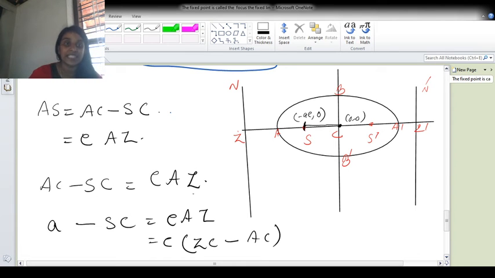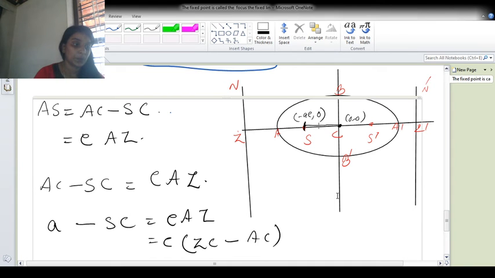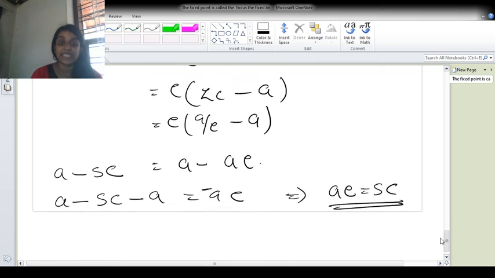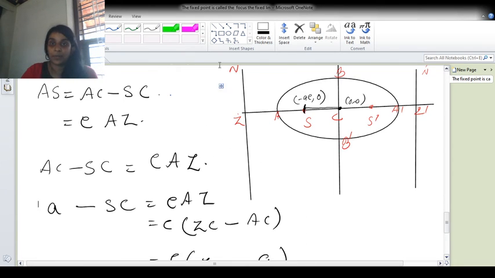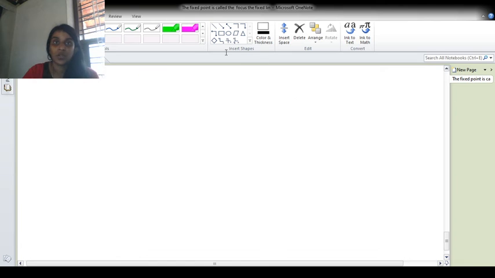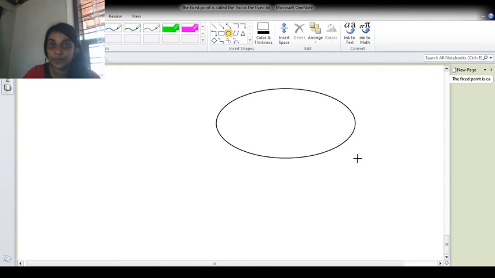And what is set A? What is C set? C set we got A by E. So I can draw the figure once more.